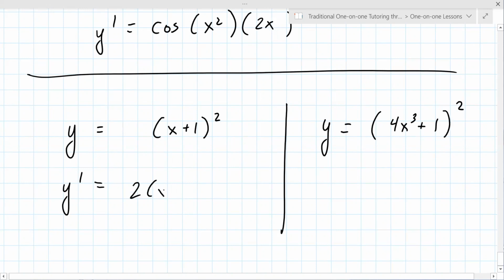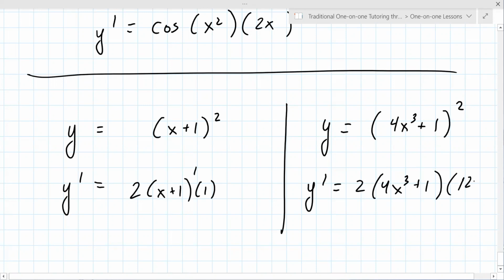Yeah. 2 times (x plus 1), but it kind of is chain rule because what's the derivative of the inside function? 1. So it is, but it isn't. Like you wouldn't include that in the answer. But over here, you for sure have a chain rule because it's 2 times keep the inside function, but then the derivative of the inside function isn't 1 anymore. It's 12x squared. Yeah. Okay.